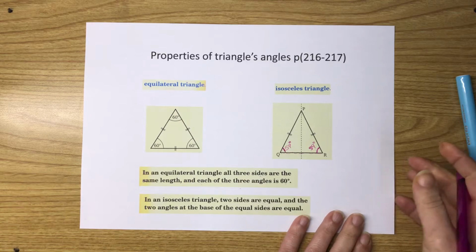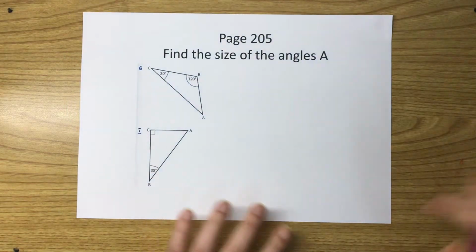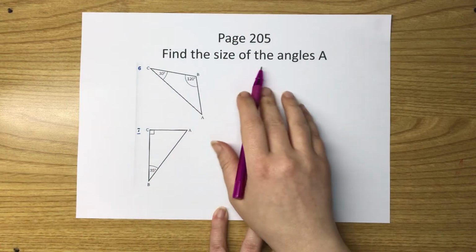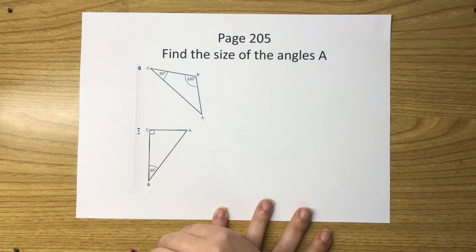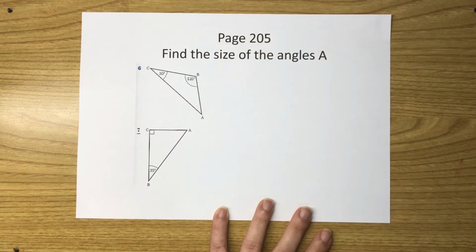Okay, now take your notes in your copybooks, please. Open your books, page 205. On page 205, find the size of the angle A. As we know, the sum of the three angles of any triangle is going to be 180.